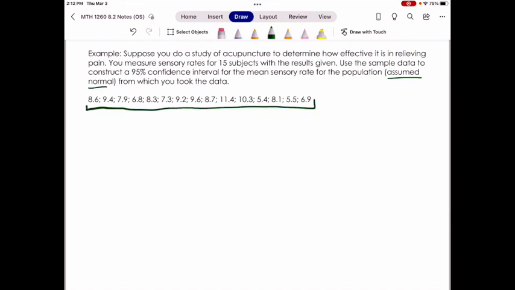So this is the data. It says it's assuming that it's normal, which means we know it's going to be that bell-shaped curve. However, we don't have the population standard deviation. And when we use the sample standard deviation to make that estimate, sometimes that doesn't come out right.